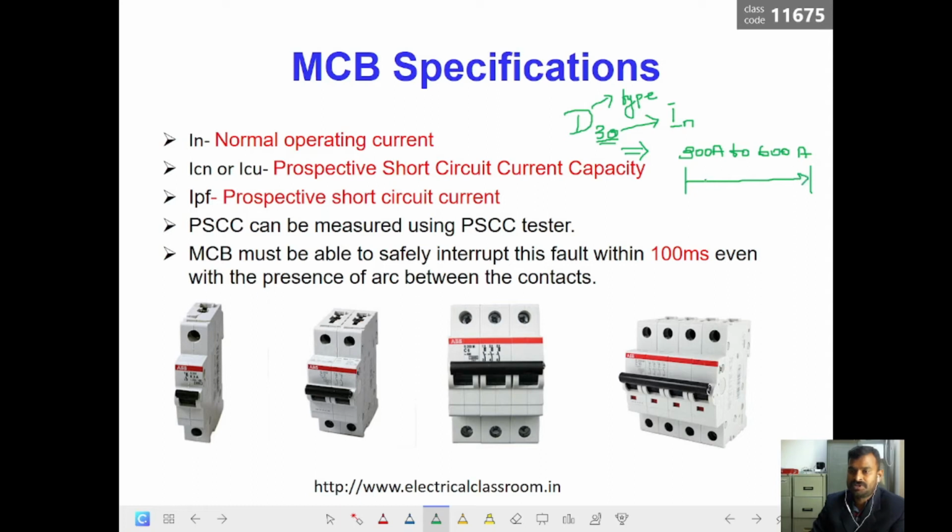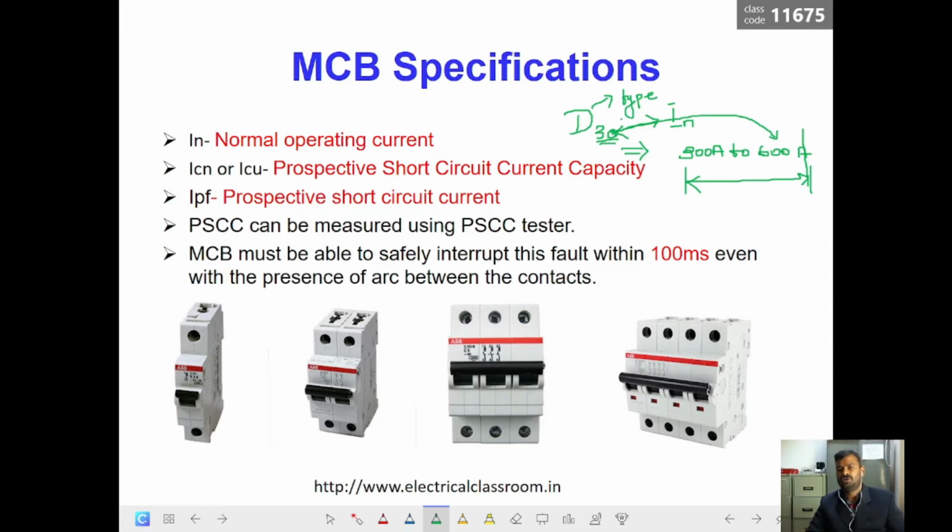The overload condition is considered from 30 amperes onwards. From 30 to 600 amperes, it is an overload condition. If the load current goes beyond 600 amperes, it is considered a short circuit condition. So in the 30 to 600 range, the circuit is in an overloaded condition.